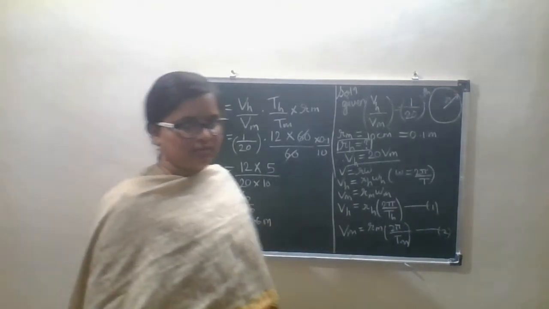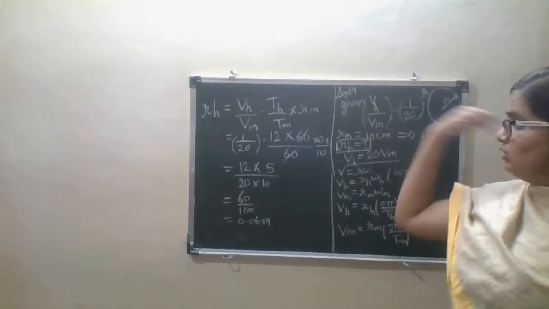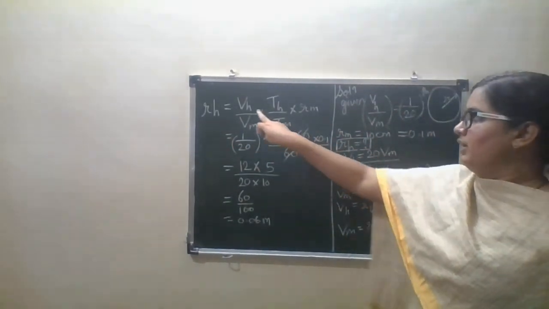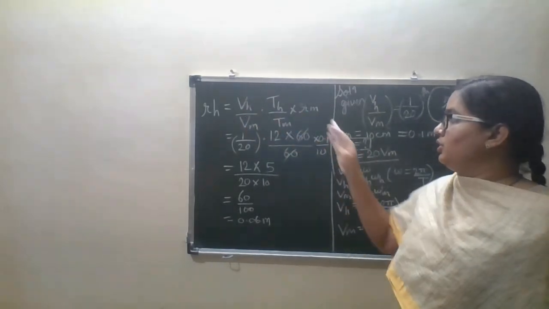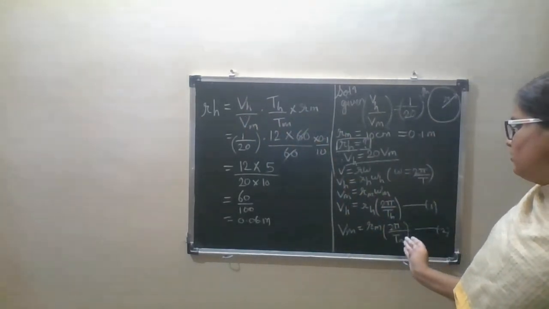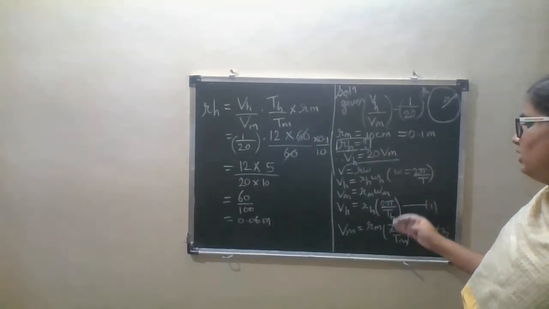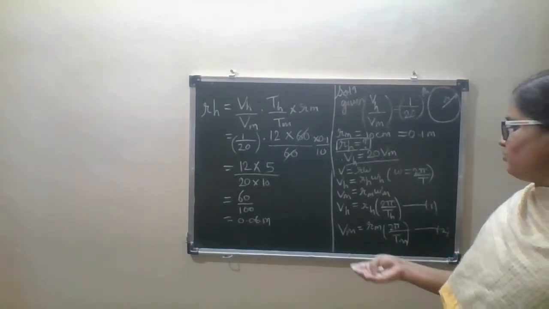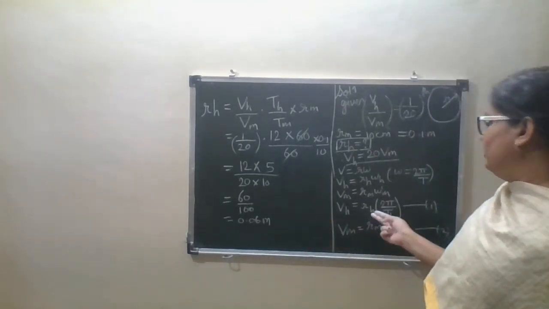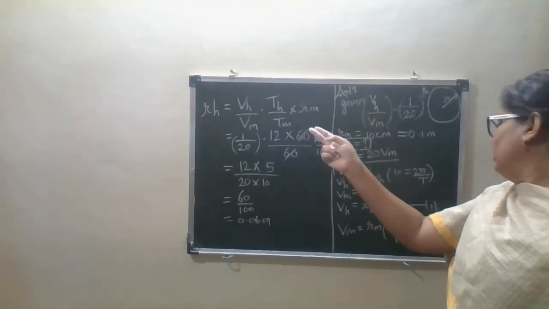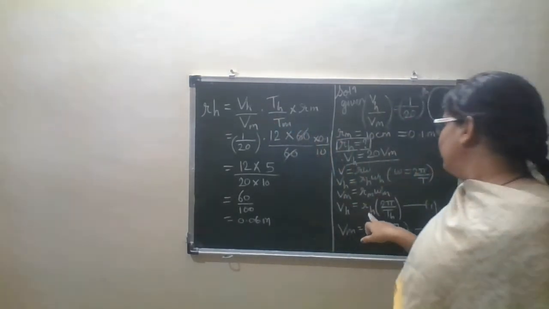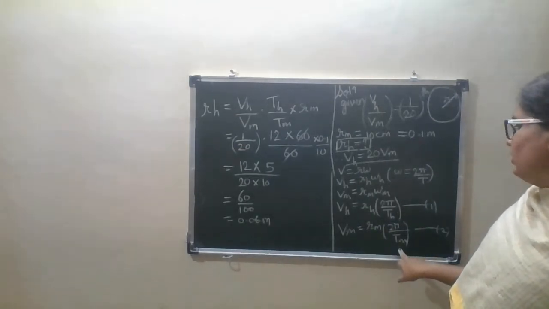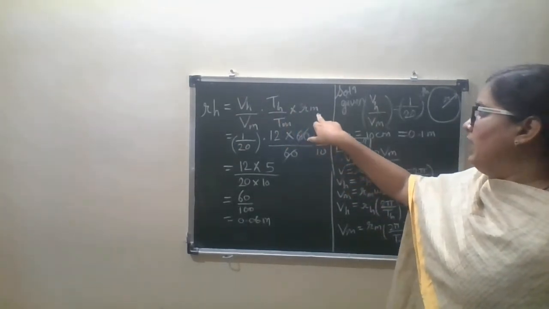Are you getting it now? We have to find rh. We are taking vh upon vm from equation 1 and equation 2, with rh on this side, then th upon tm, into rm.